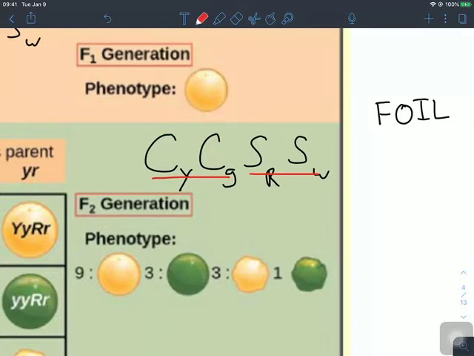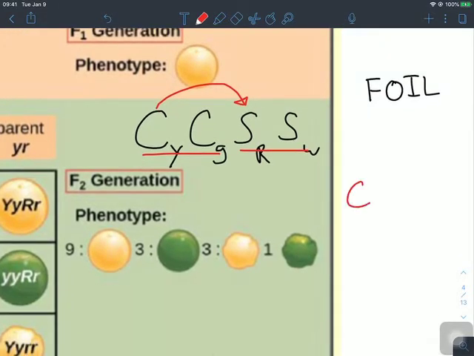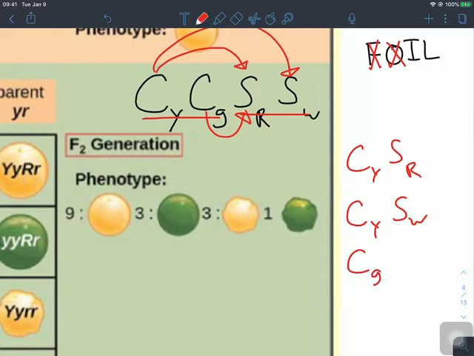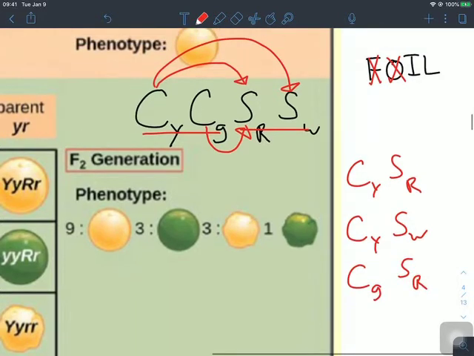You're instead pairing your CY with the first of the shapes. So the first possible gamete, CY, SR. Then you're going to pair the outers, or O for outers, CY and SW. Then you're going to pair your inners, or your CG and SR. Color green, shape round.